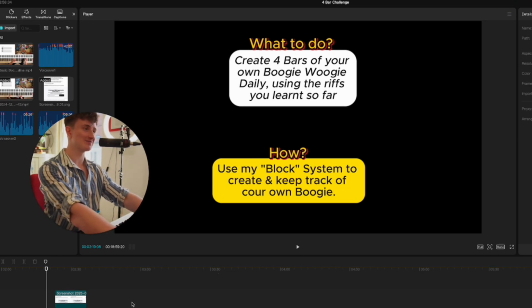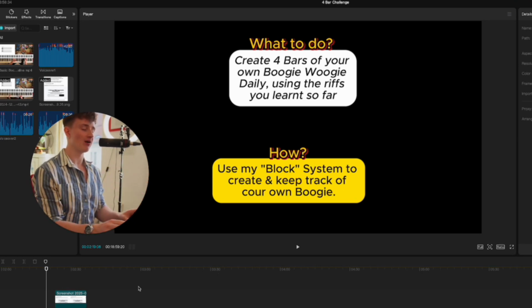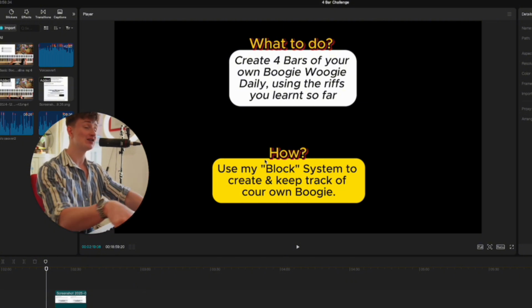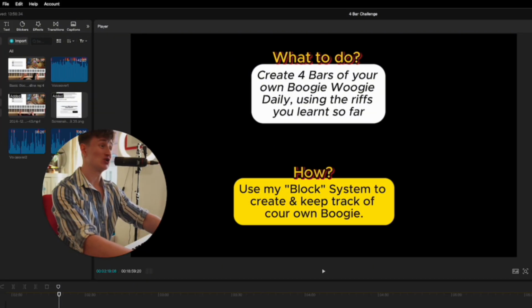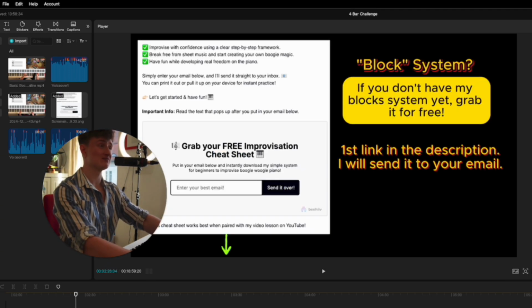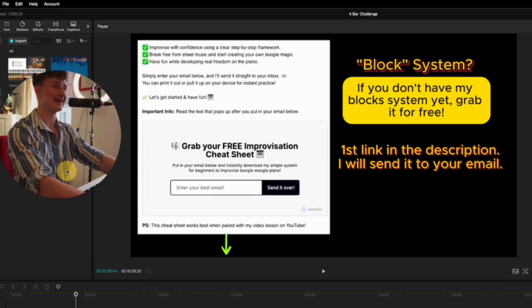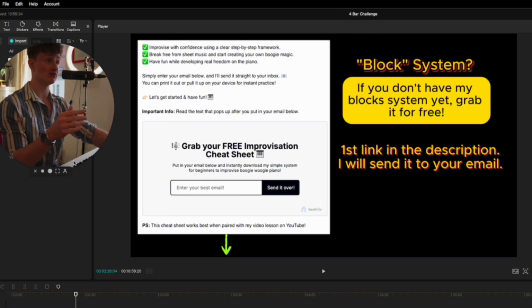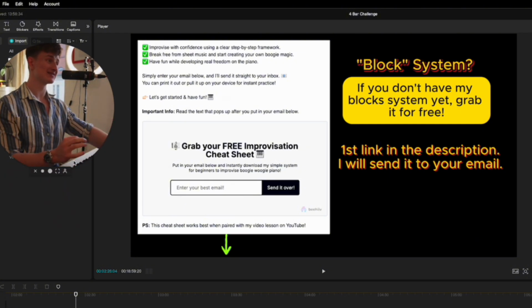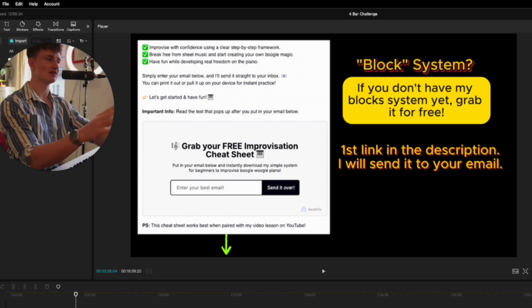If you're participating in this 4 bars a day challenge, well, we're creating 4 bars every single day, or every practice session if you don't practice daily, using the riffs that you have learned so far. We're using this with my block improvisation system, right? This is my system I teach beginners, and I've actually made it free for you to grab a cheat sheet that explains this system in detail, because in this video we're going to use it.